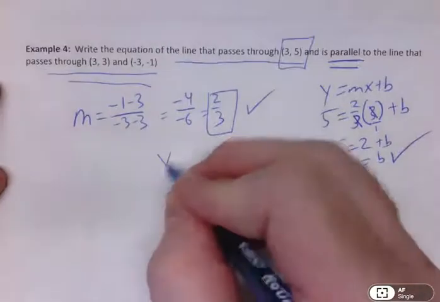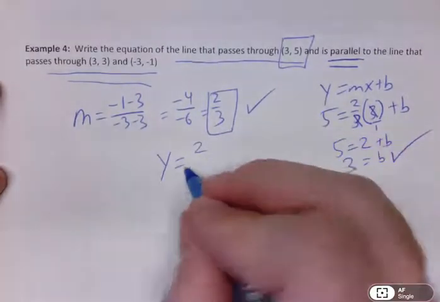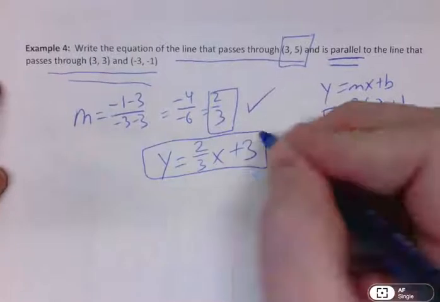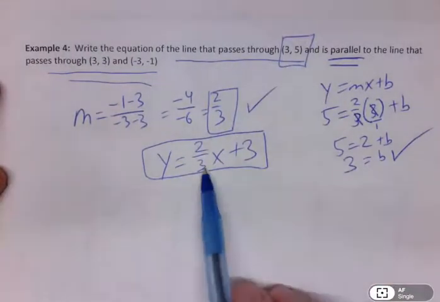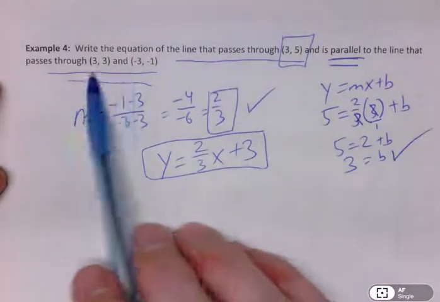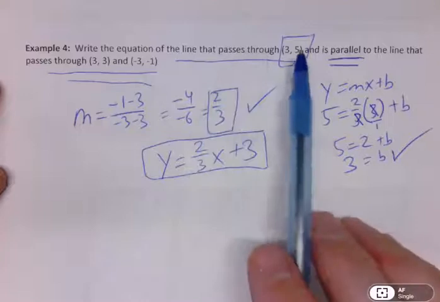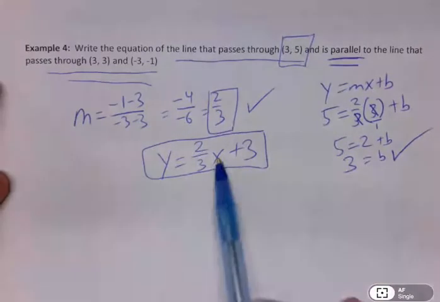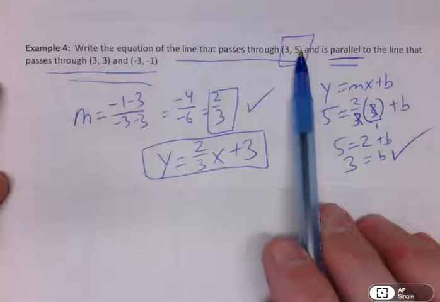So the equation of my new line must be y equals 2/3 x plus 3. And that is the equation of a line parallel to this line that also has this point as a point on the line itself. If I were to plug in 3 here, I would end up getting 5. Okay, that's the one we didn't get to for parallel.